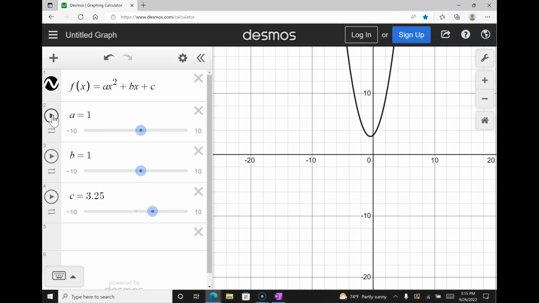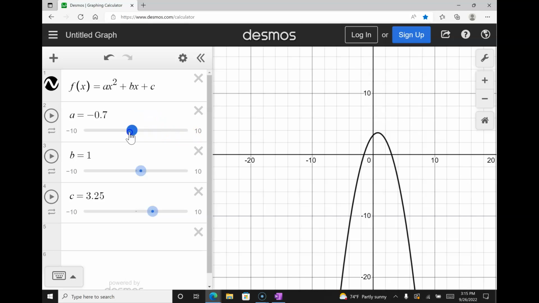I'm multiplying the mother function by something on the outside. So it's either going to stretch it real tall or squash it down. So if A is 5, stretch that 1 by 1 box up by 5, right? If A is negative 1, I get the mother function flipped upside down, right?